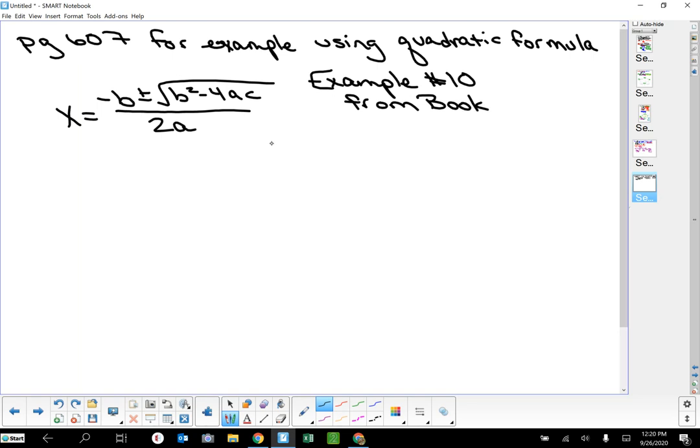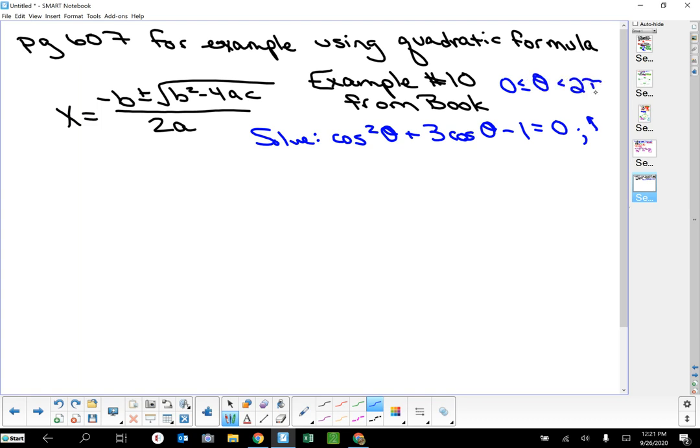And it is to solve cosine squared theta plus 3 cosine theta minus 1 equals 0. And then there is a constraint on it, and I'm going to put it up here because I just don't have the space: 0 is less than or equal to theta is less than 2 pi.